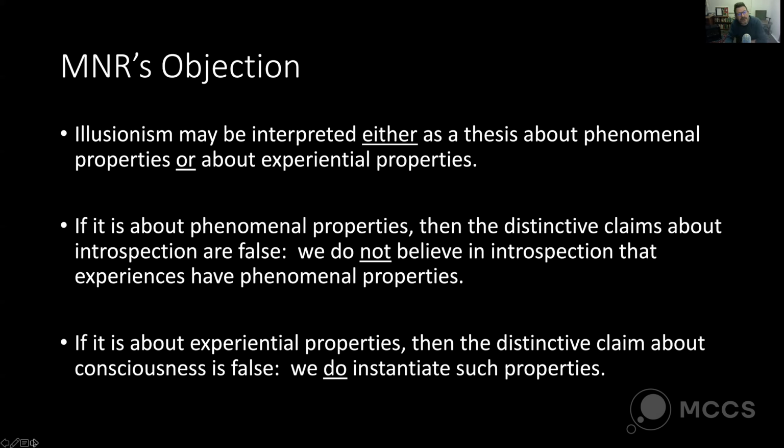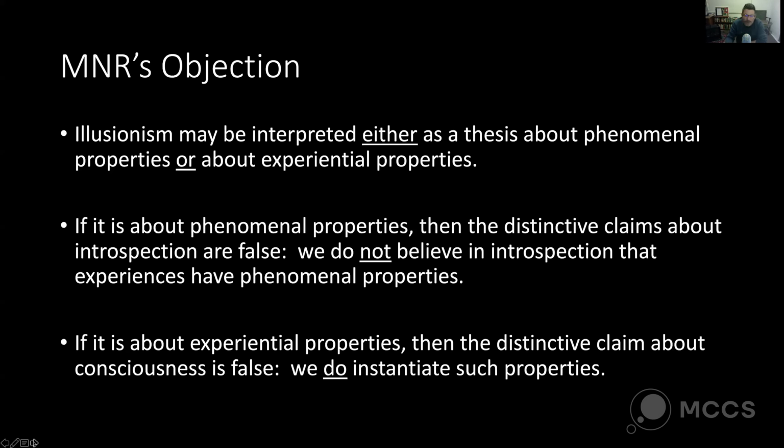I think it's not quite right to say that Nida-Rümelin simply has an objection to illusionism. She also wants to diagnose why someone might be committed to illusionism. And the thought is that illusionists are committed to illusionism because they are in the grip of this picture about experiences, the picture that experiences are events which have these things called phenomenal properties, and that it's fine to say that there aren't any, that they do not in fact instantiate phenomenal properties.